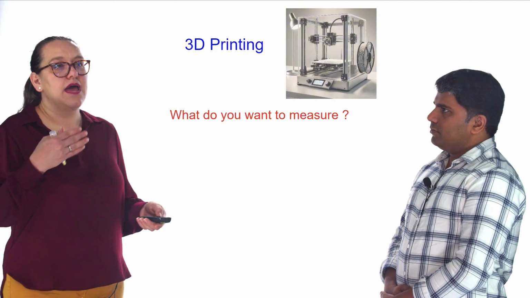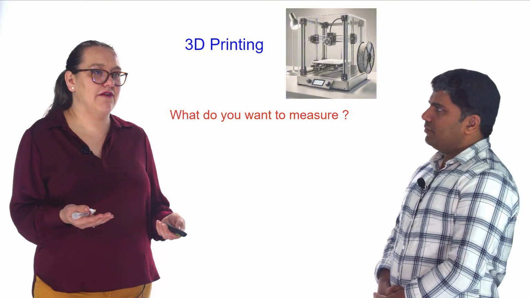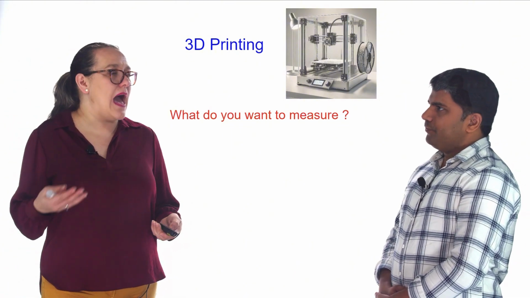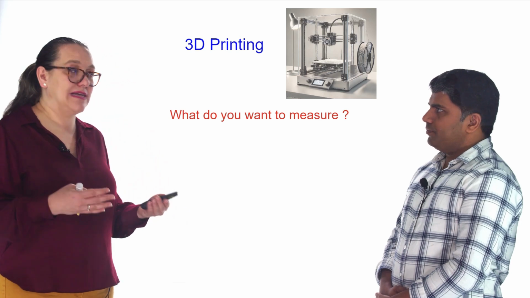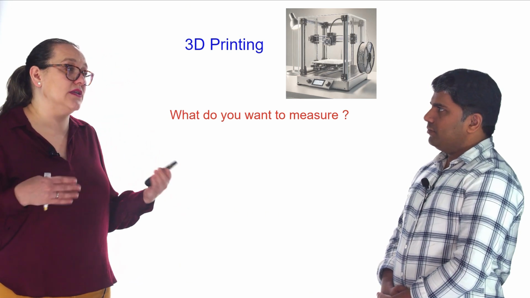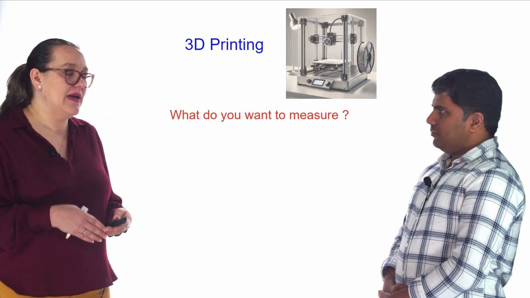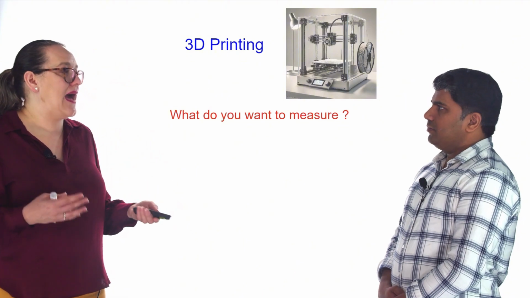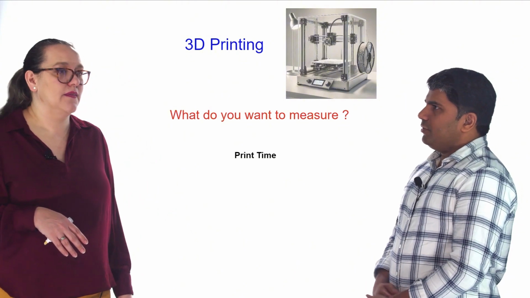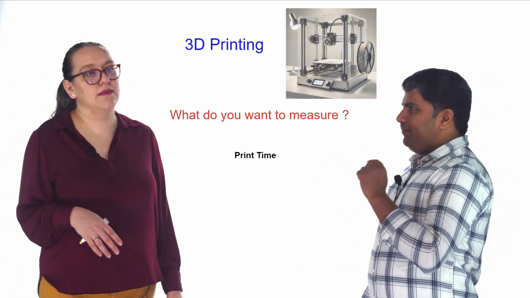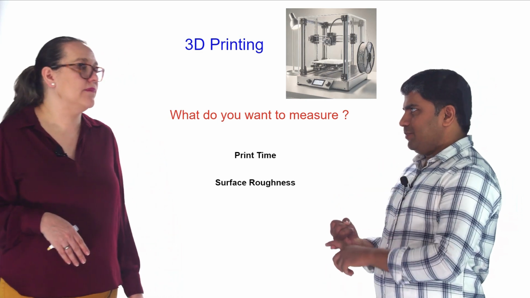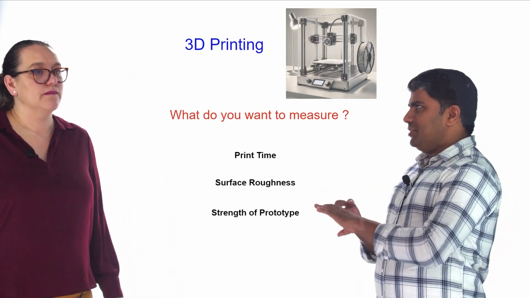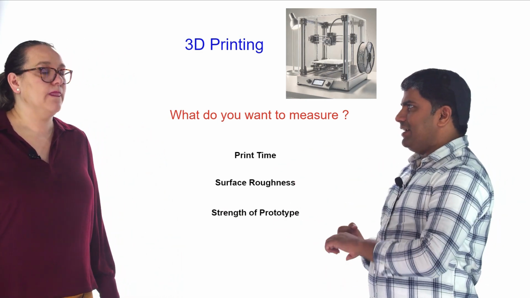Those are the response variables for our experiment. How do you think we can measure time? Because he was also interested in minimizing production time, and high quality. So print time is one of the responses, and roughness and the strength. These are the three things we are interested in.